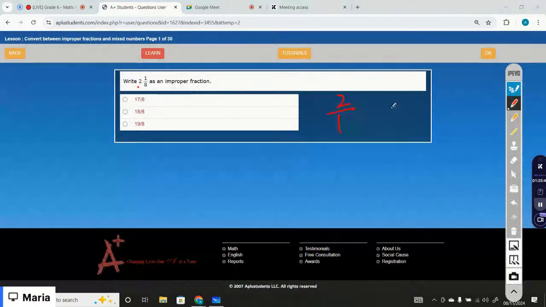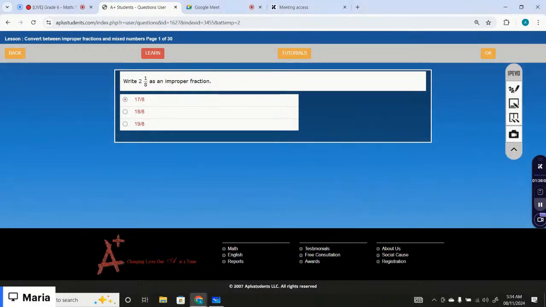Multiply and divide it by the denominator, that is 8 times 2 is 16 and 8 times 1 is 8. And then add the fractional part, so 1 over 8. 16 plus 1 is 17, that is 17 over 8. The correct option is option number 1, that is 17 over 8. Got it?